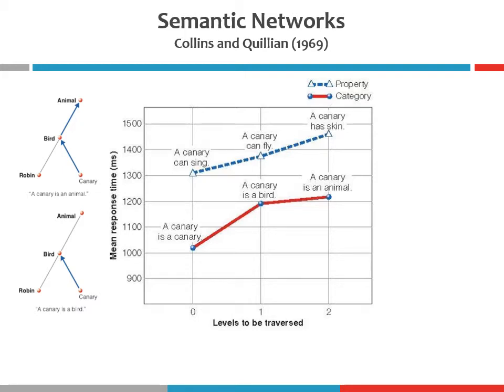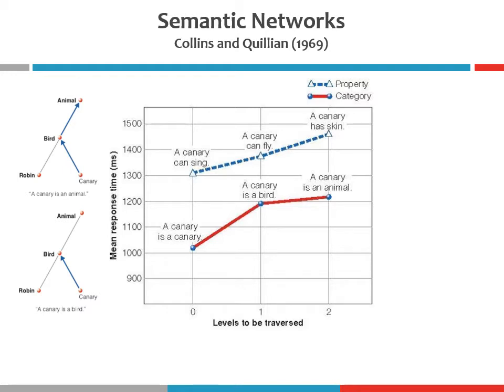So it seems like what's happening is participants are mentally traversing through this network in real time, and the more levels they have to traverse, the longer it's going to take them to verify whether the sentence is true or not, right?